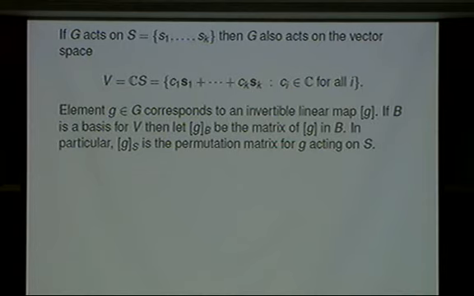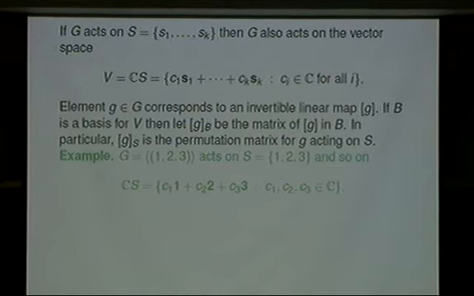Well, it's just what you'd call the permutation matrix, right? Because in this canonical basis, G sends that basis to itself without multiplicities. It sends each basis element to some other basis element, and therefore if I compute this, it's just going to be a permutation matrix, a 0, 1 matrix with exactly one 1 in each row and column.